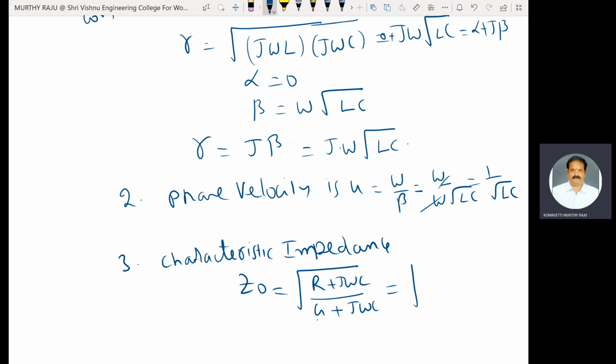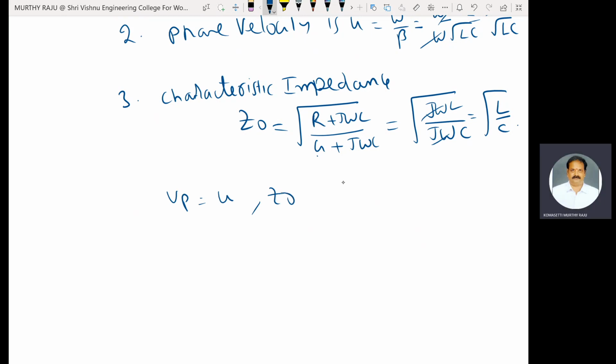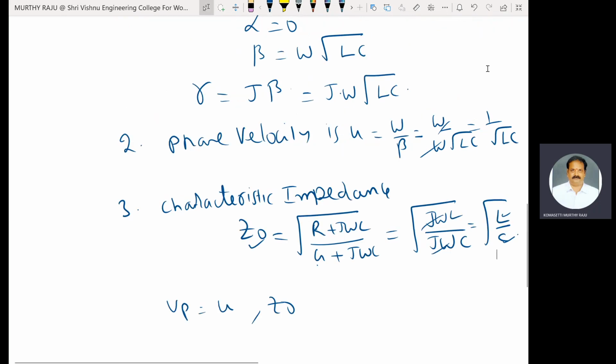With R equal to 0 and G equal to 0, it is j omega L by j omega C, that is equal to root of L by C. The phase velocity, that means u, and the characteristic impedance Z0 are independent of frequency and depend only on the distributed line parameters L and C.